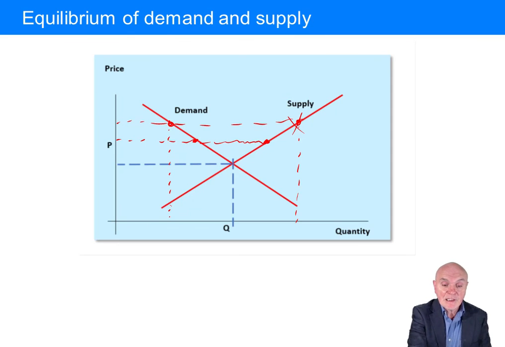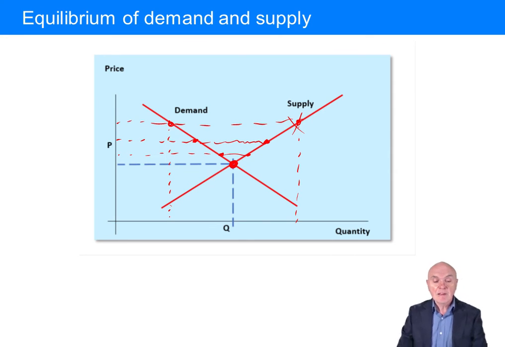Then it will gradually come down to reach this equilibrium point again, where there is some market price at which the amount demanded by consumers is perfectly and automatically matched by the price mechanism to the supply of goods which is available.